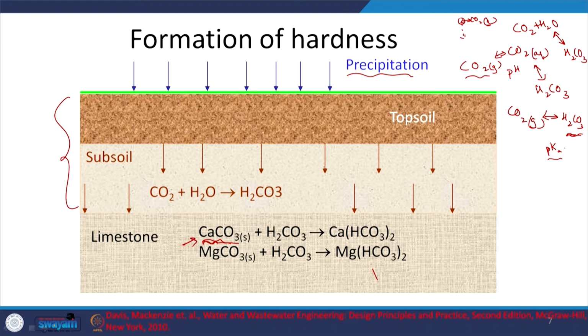Earlier it is in the solid phase, as is evident by this subscript, S for solid. But after coming in contact with slightly acidic water, it forms this particular compound. As you can see, what was earlier a solid is now dissolved into the water.